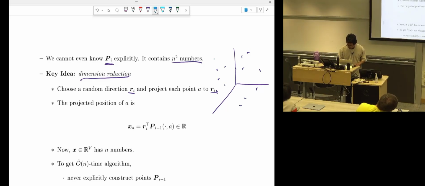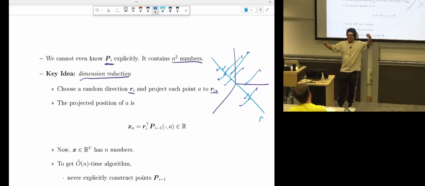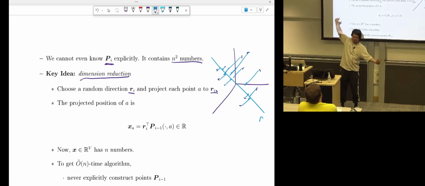And then I just choose one direction R, and every point is mapped to this direction. Once you project every point to this line, it reduces the dimension from n to 1.